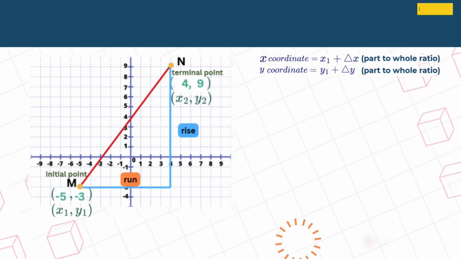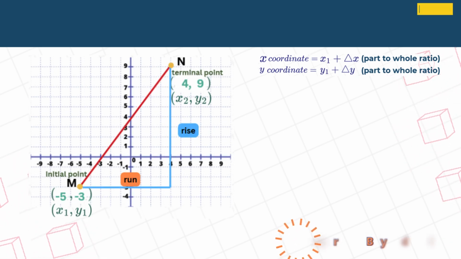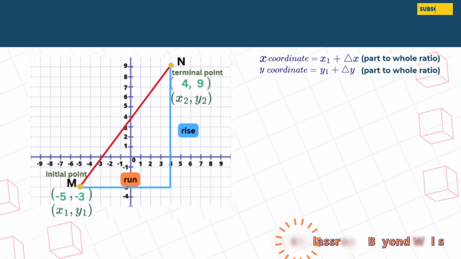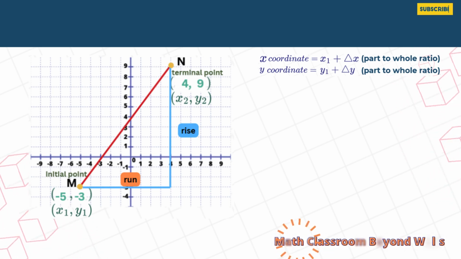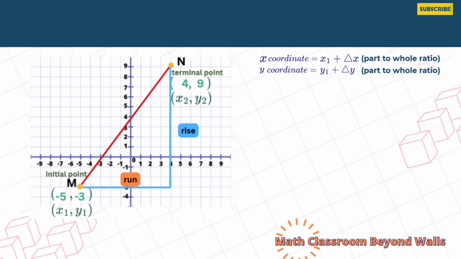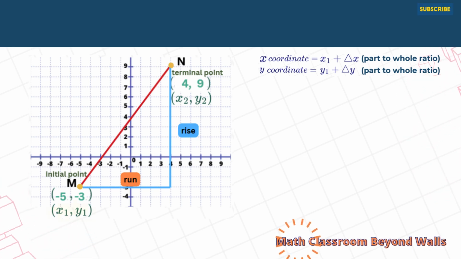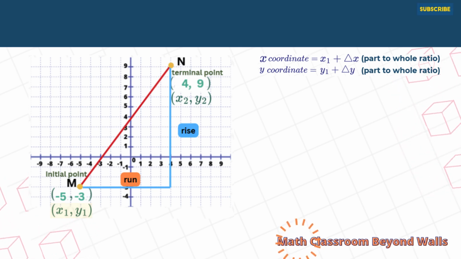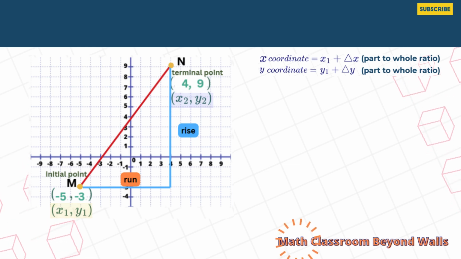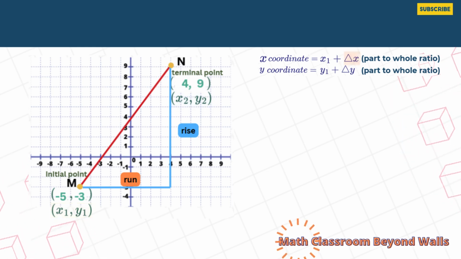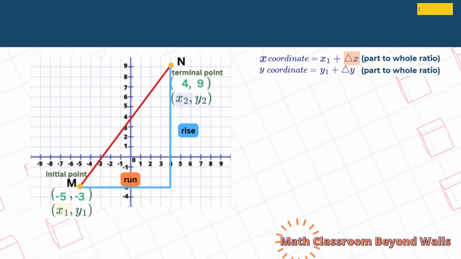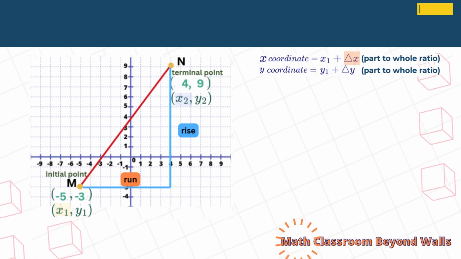To get the change in x and the change in y, we will need both the initial point and the terminal point of the directed line segment. Take note that M, being the initial point, has the coordinates x1, y1, while the terminal point has the coordinates x2, y2. To get the change in x, we have to subtract x1, the x coordinate of the initial point, from x2, the x coordinate of the terminal point.